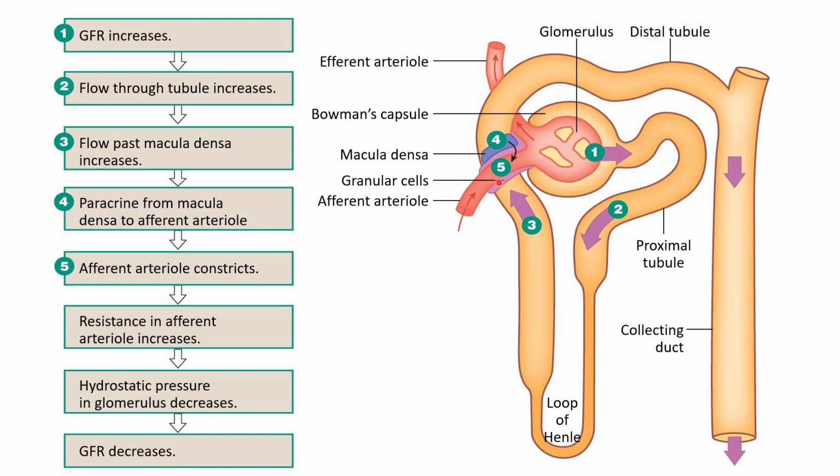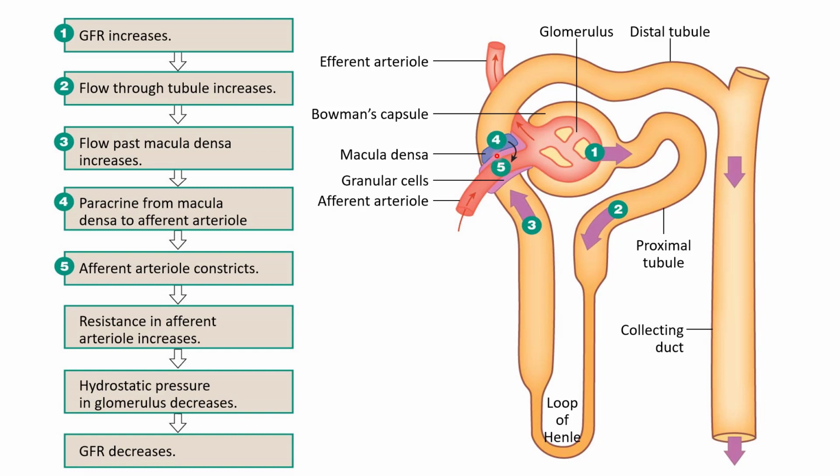It's called the macula densa. And in the macula densa, we have granular cells that act as sensors. So let's say that we increase blood pressure, and that causes an increase in GFR. So we start filtering a little bit more. That flow is going to start moving through the tubules. It'll flow past the macula densa.